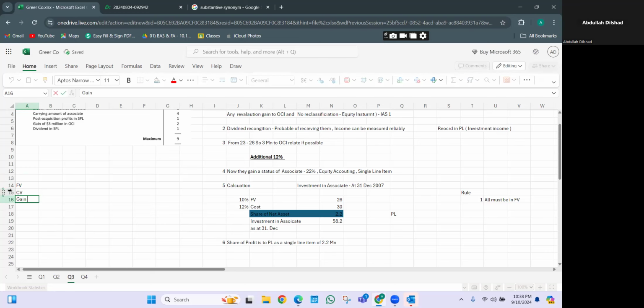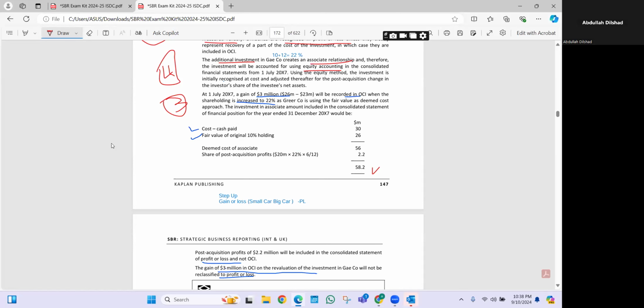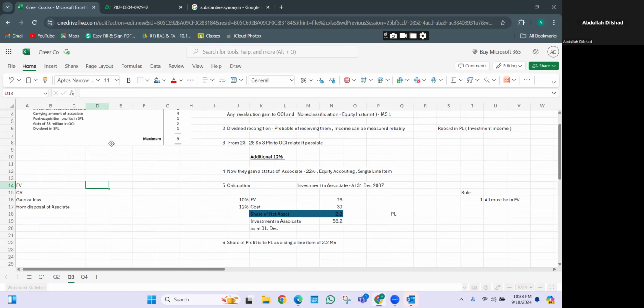The difference is the gain or loss from disposal of associate. They have given us the fair value, 26 million. But unfortunately, they have not given us the carrying value, so we can't find any gain or loss. So simply leave it.